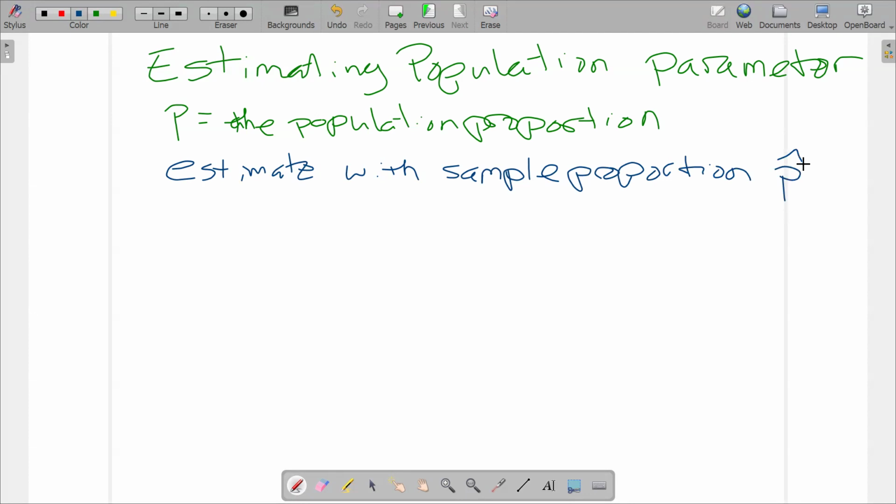Sample proportion is called p hat. This is also called a point estimate, because it's a single value estimate. We can also make what's called an interval estimate.